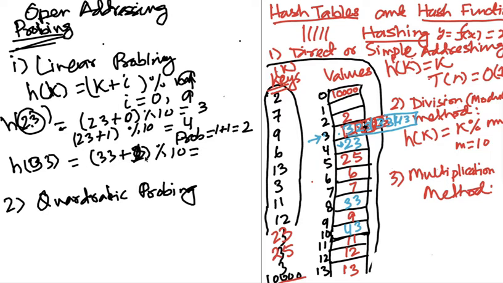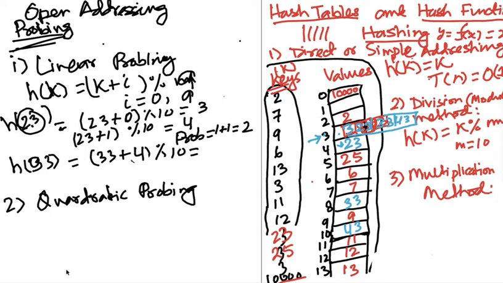Then 33 plus 3 is 36 mod 10 equals 6, and that is also occupied. The next i value will be 4, so then 37, this is also occupied, so it will not work.